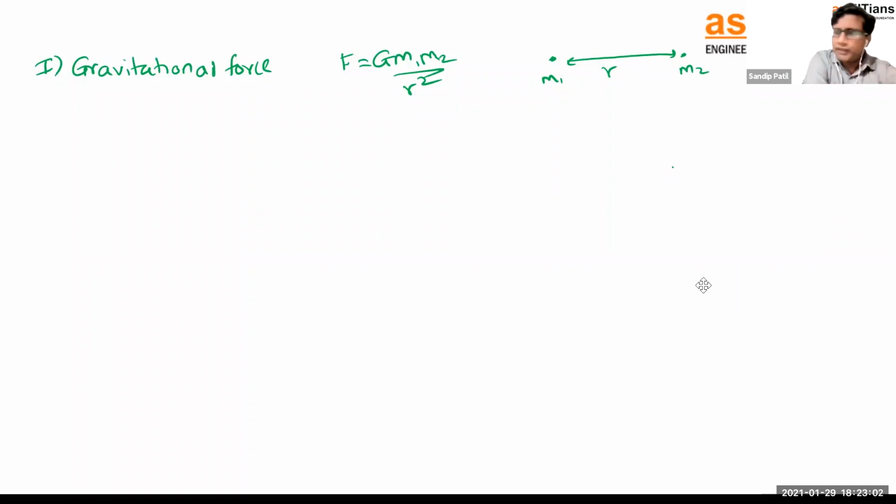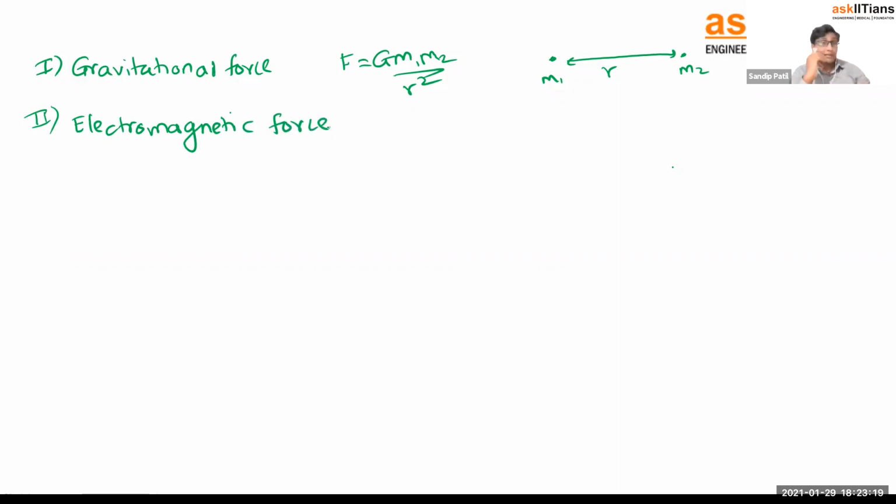Then we also have a second formula. The second force is, let's say, electromagnetic force. Obviously, we can see there is an electric term and also a magnetic term. We have studied both things, right?